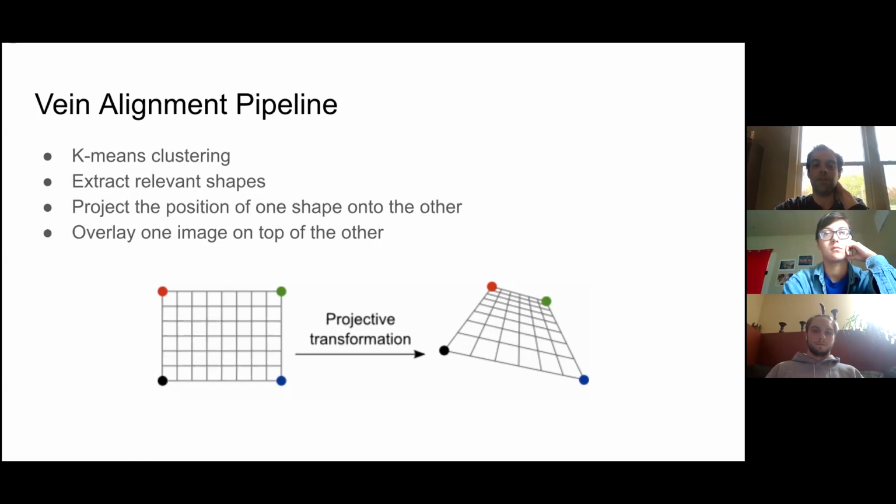And then we were able to find how these images were positioned differently by way of using a function and estimating that function. And then by using that function, we were actually able to fit the shapes to each other. So it was very easy to overlay one on top of the other and get the vein alignment that we wanted.